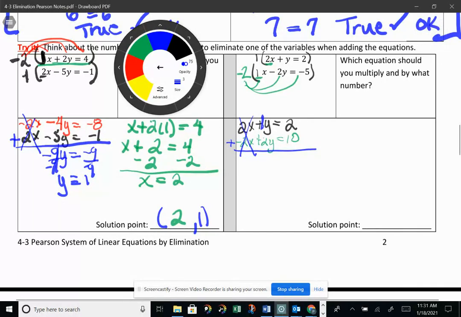So I have 1y plus 2y is 3y. And then 2 plus 10 is 12. So now we've got to solve for y. I'm going to divide by 3. So y is equal to 4. So my y value there is 4.